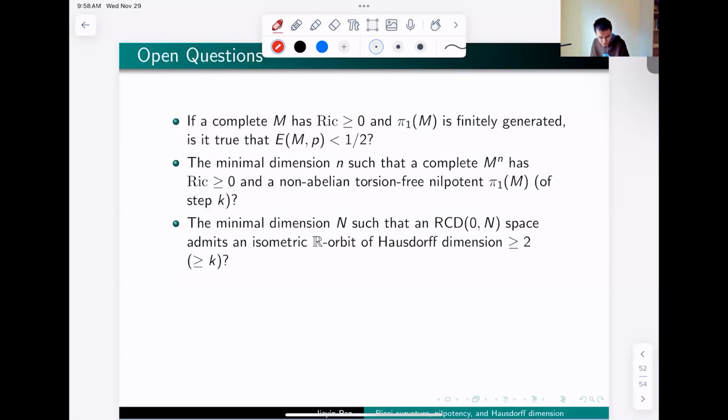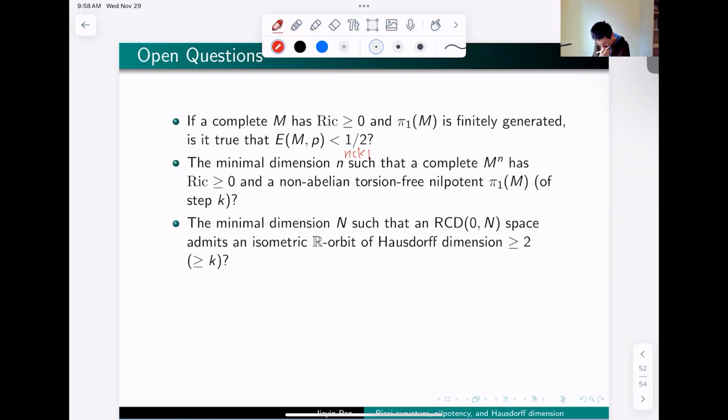Now, the next question is, what is the minimal dimension n so that a complete n-manifold of non-negative Ricci curvature has a non-abelian torsion-free nilpotent fundamental group? And you can also ask what's the minimal dimension n_k for step at least k.